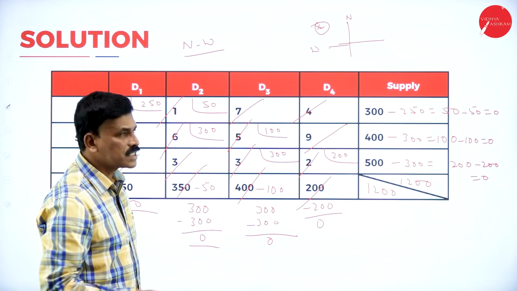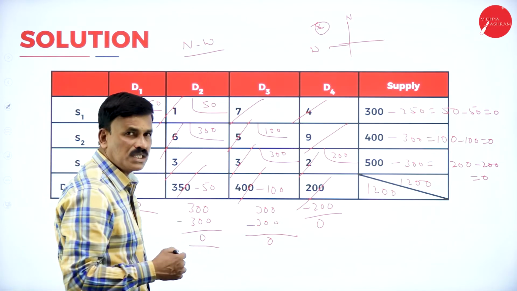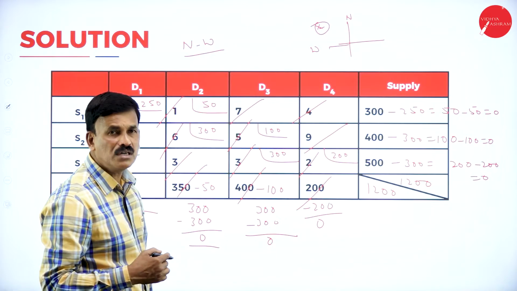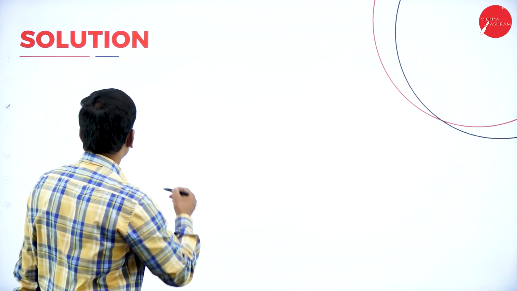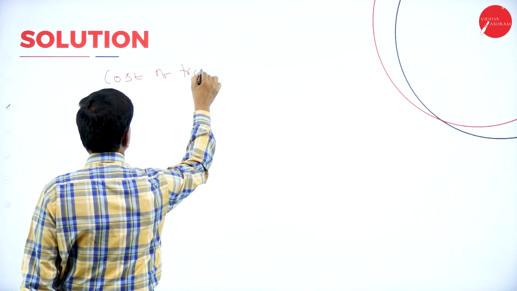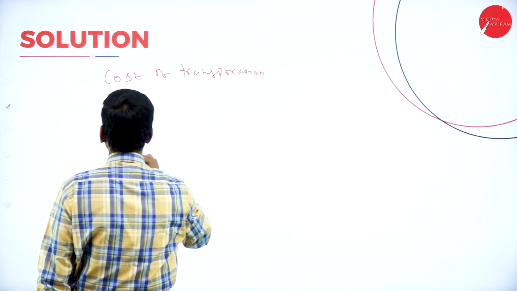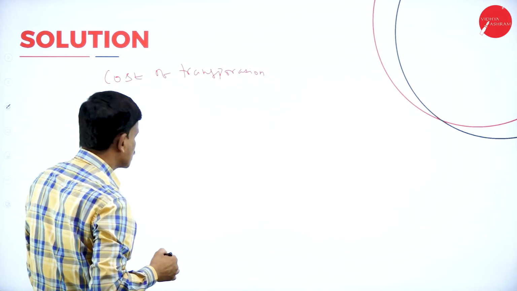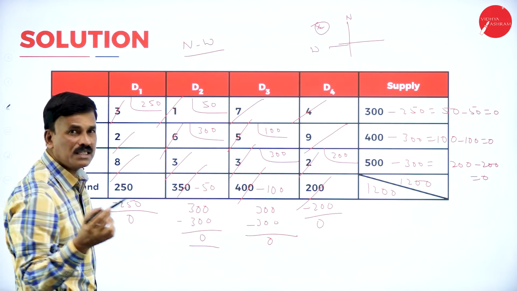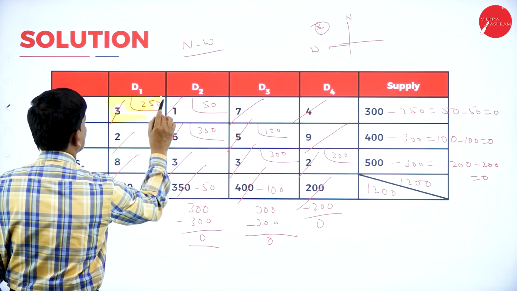So now, how to find the solution? After performing this operation, find out the cost of the transportation. Now multiply these elements. So these are the answer points we are going to get.